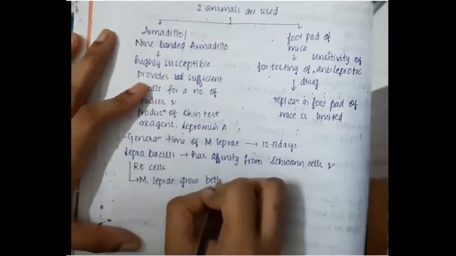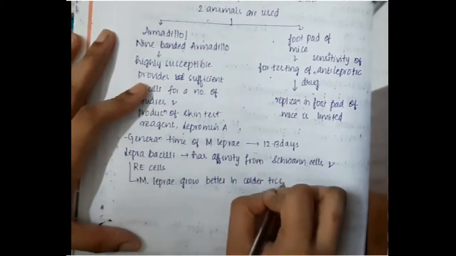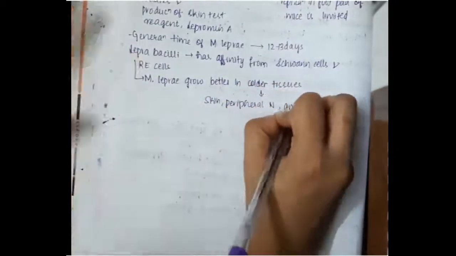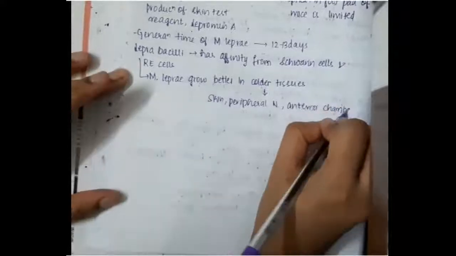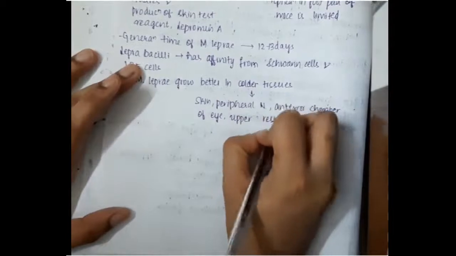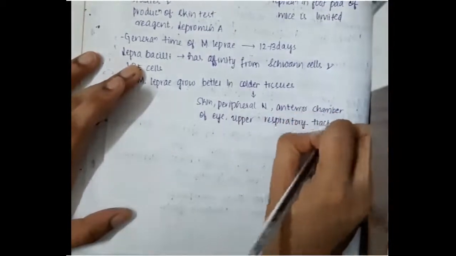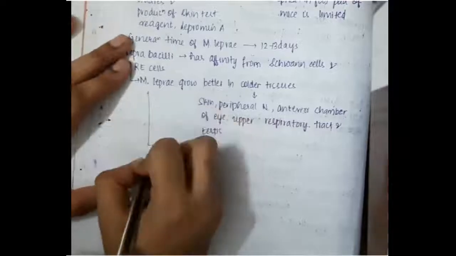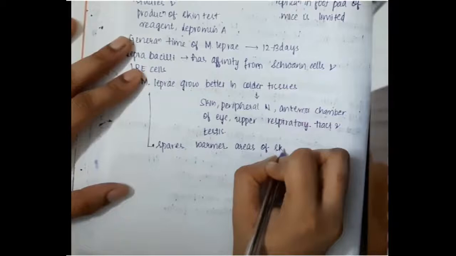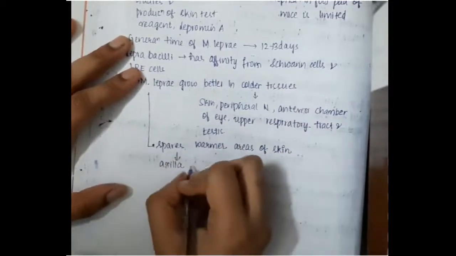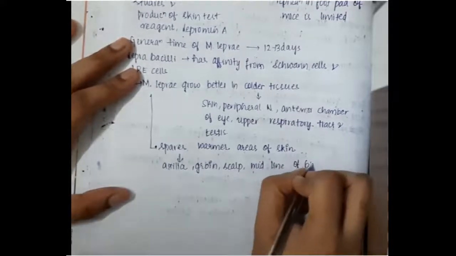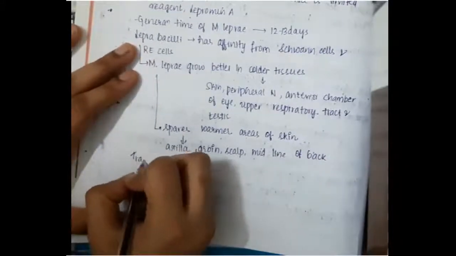Mycobacterium leprae grows better in cooler tissues: skin, peripheral nerves, anterior chamber of eye, upper respiratory tract and testes, where the temperature is on the lower side. It spares the warmer areas of the skin like axilla, groin, scalp, and midline of back.